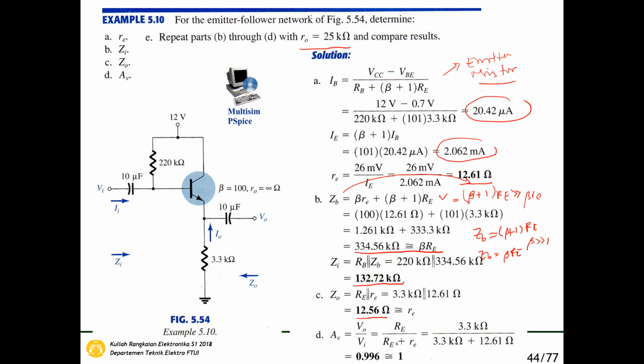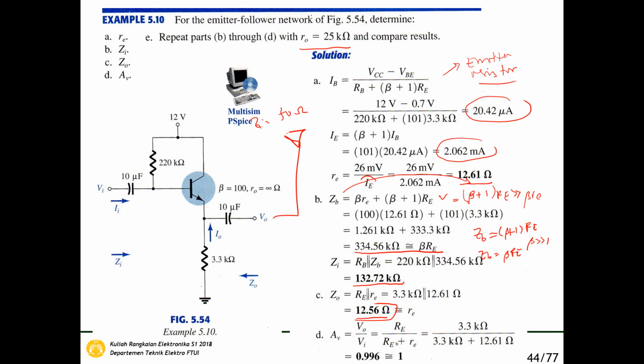And then here we can see that if we want to make a matching condition between this amplifier and the antenna, and the input impedance of the antenna is 50 ohm, we have to match the 50 ohm to the output impedance. So here, if ZO is 12.56, it means that this is not matched. So we have to design that re is similar to 50 ohm. How can we design re to be 50 ohm?